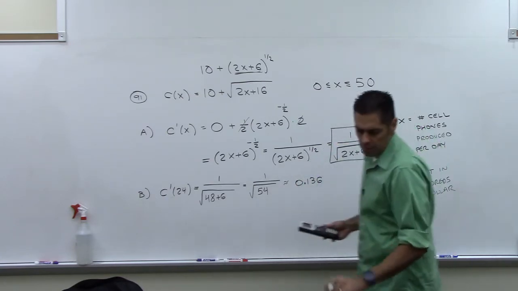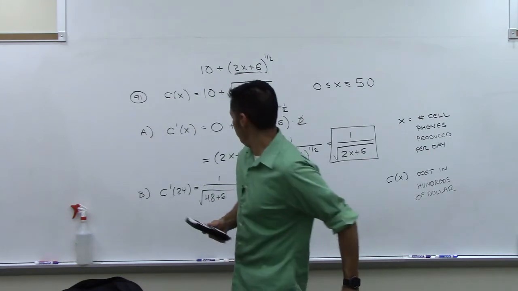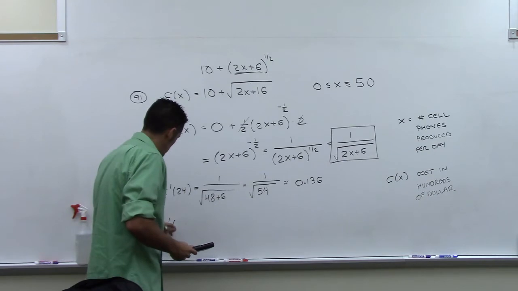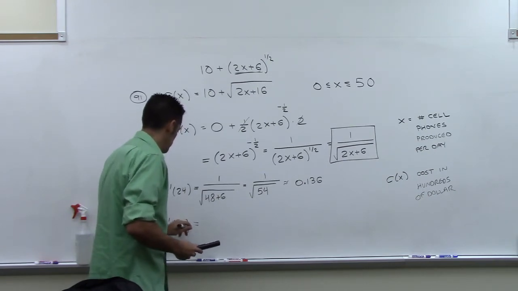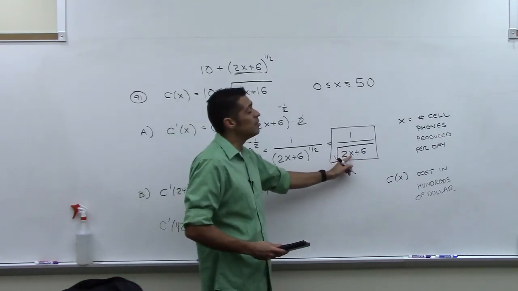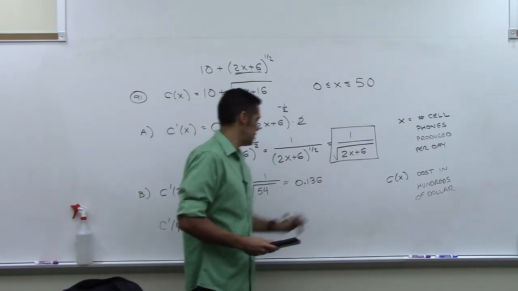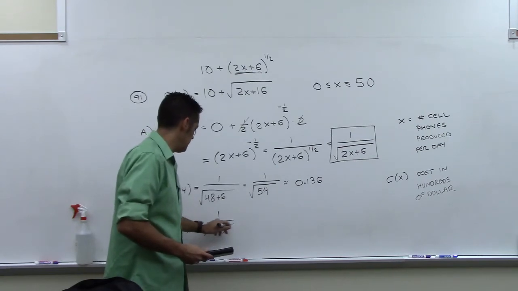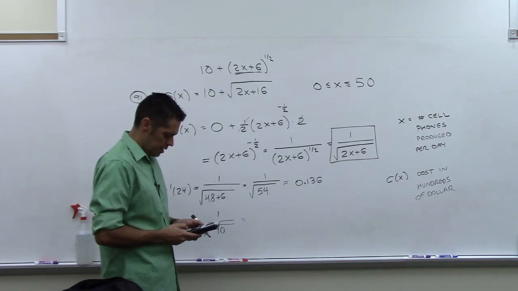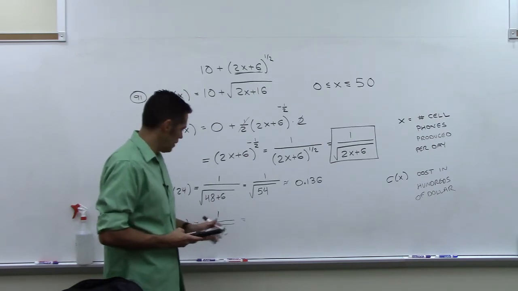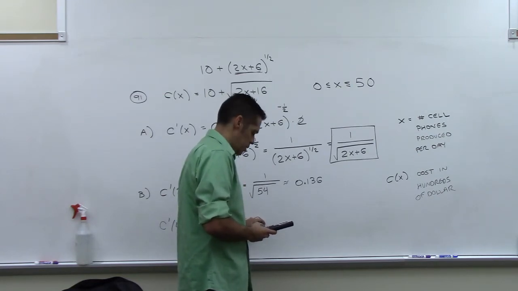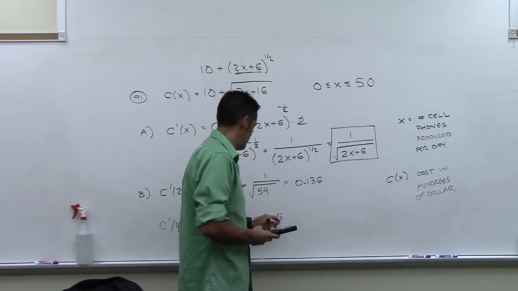All right, now let's do C prime of 42. That's 1 over the square root of 2 times 42, which is 84, plus 6, which is 90. So I get 1 over the square root of 90, which is approximately 0.105.